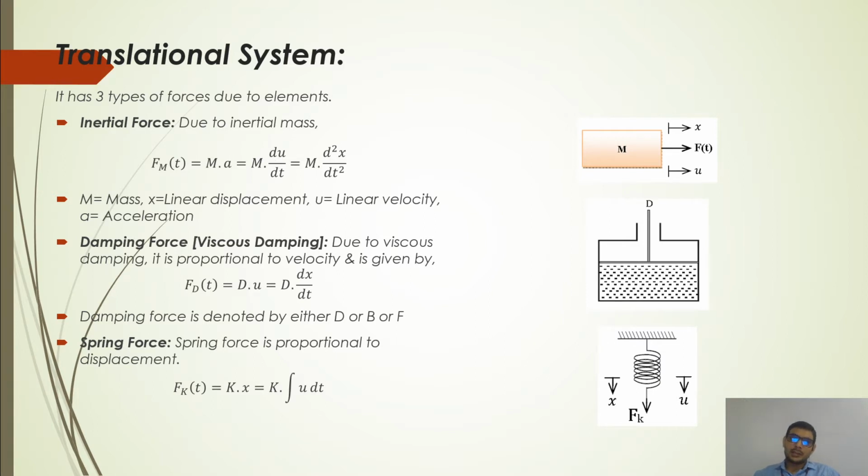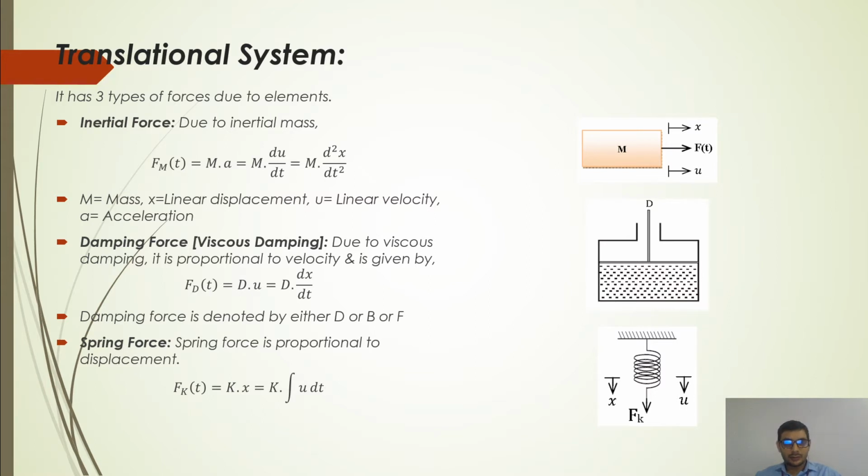In an inertial force, basically inertia is something which is contained in every object. It is composed because of the mass of the object. The force applied on any inertial mass is directly proportional to the acceleration of the object, which is governed by the equation F = ma, where a can also be written as du/dt, where u is the linear velocity of the object.